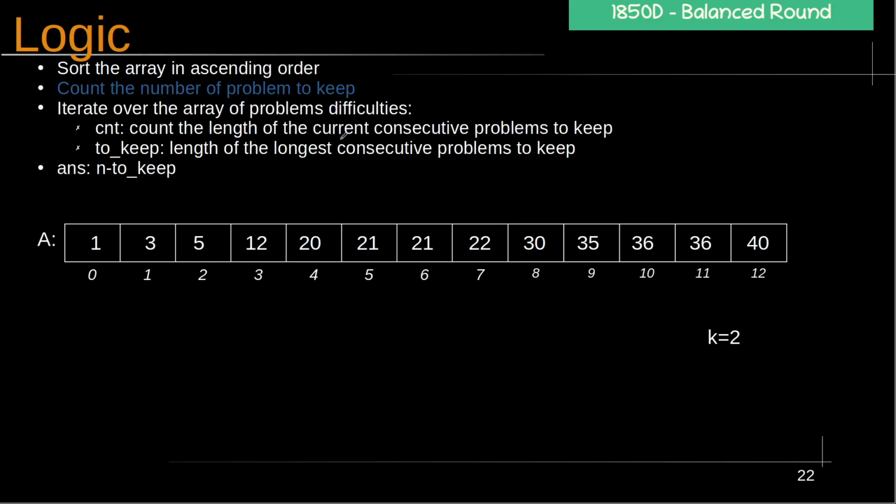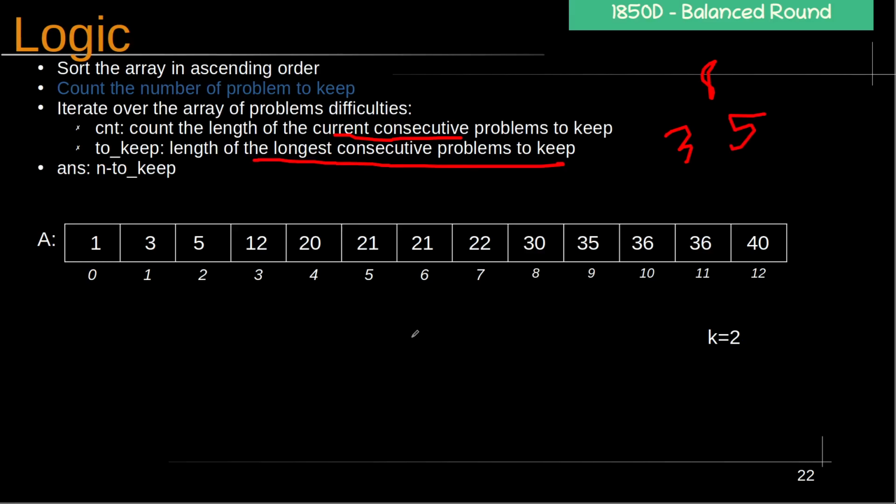The answer will be n minus the number of problems to keep. For example, if we have 8 problems and we want to keep 3, the number of problems to remove is 5.